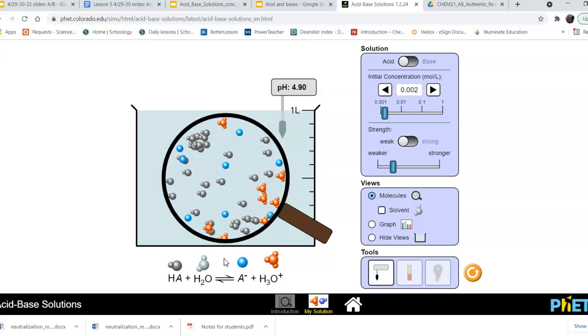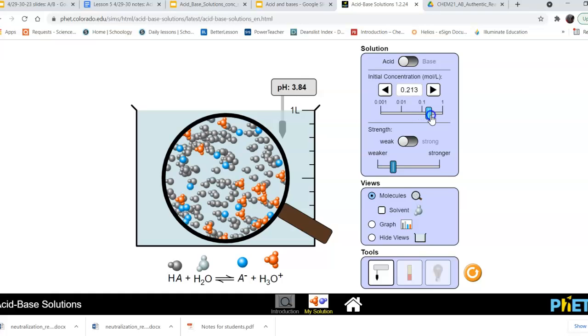Remember Le Chatelier's principle: I'm increasing this, therefore the equilibrium shifts to the right, and it makes sense that the pH is lowering. Low pH means high strength. If we go all the way to 1, there's a lot of acid here. Not all the acid is dissociated, but that's what you get.